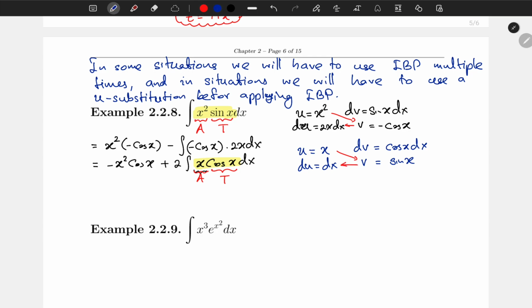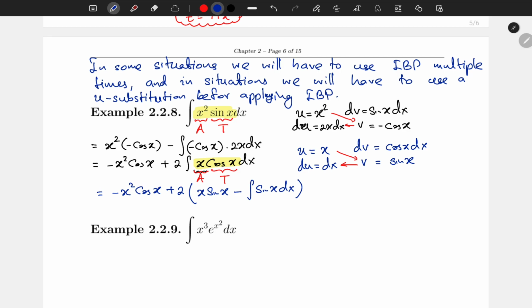Apply integration by parts. We get, okay, we still have the same thing in the front as the first term. Now the new integral becomes uv, x sine x, minus the integral of v du, sine x dx.